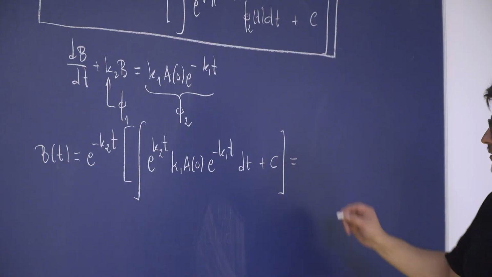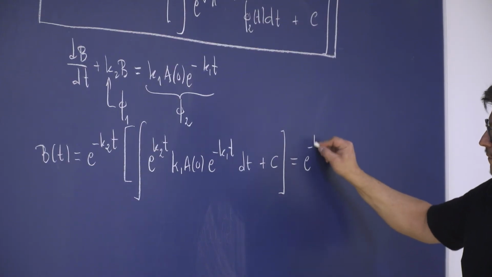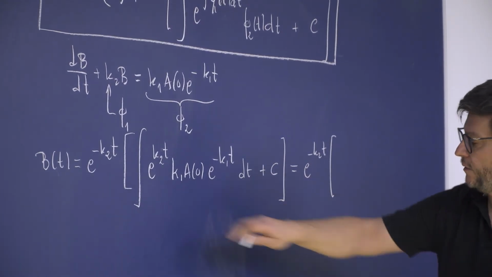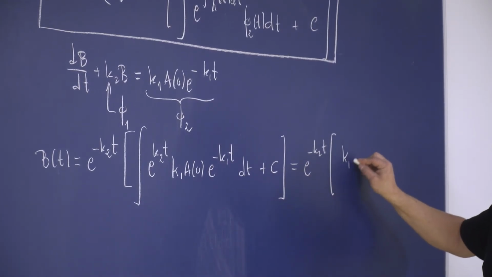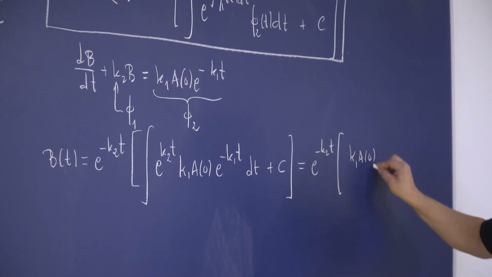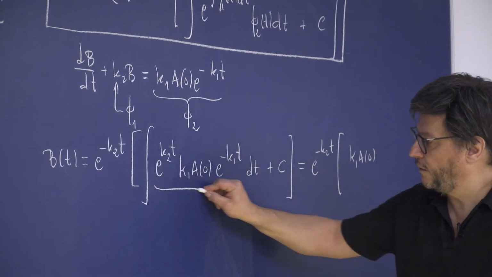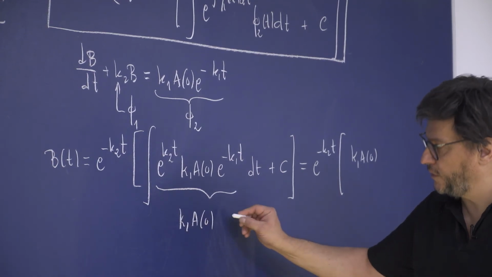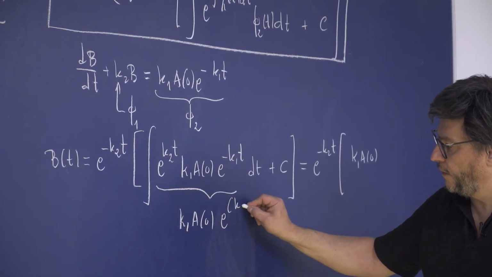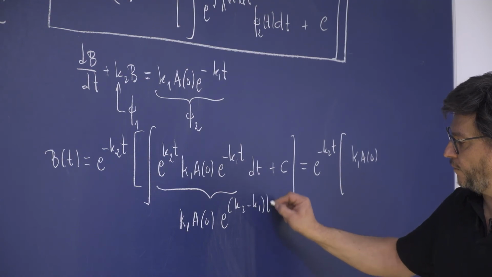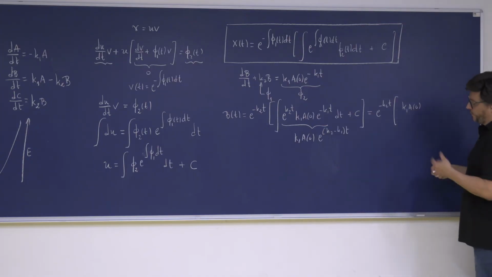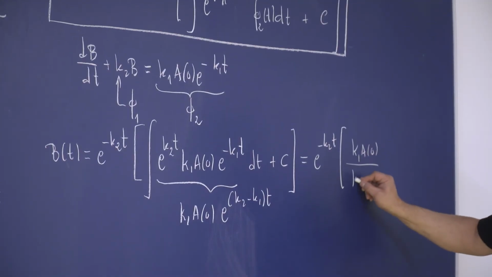Just to make an intermediate step, this would be an easy integral because this is a constant that I can keep outside. You see that here in reality this is just that constant, and we can just take together k2 and k1 in this way. So solving this is easy.